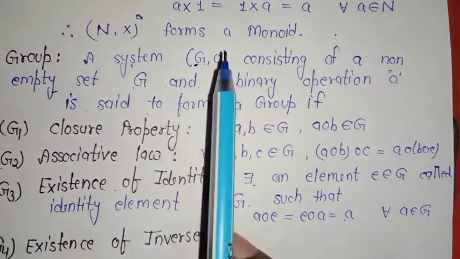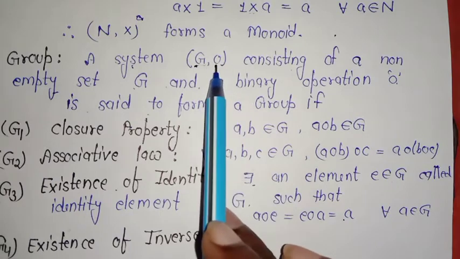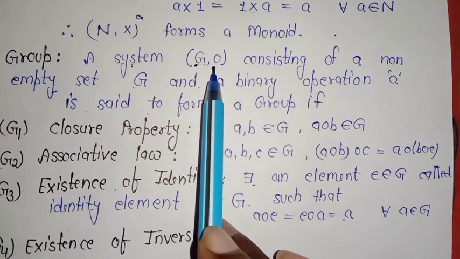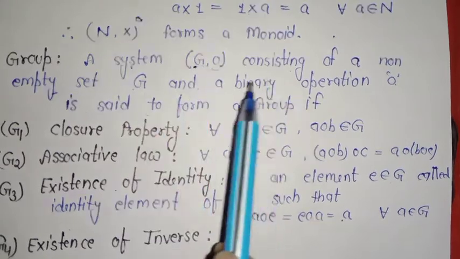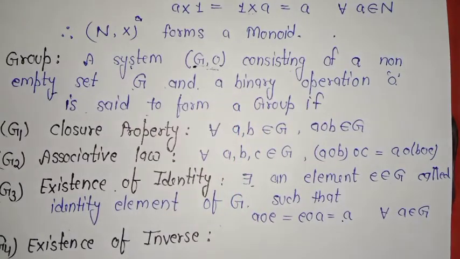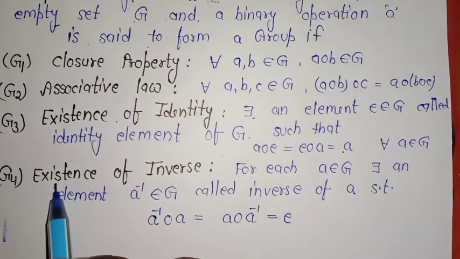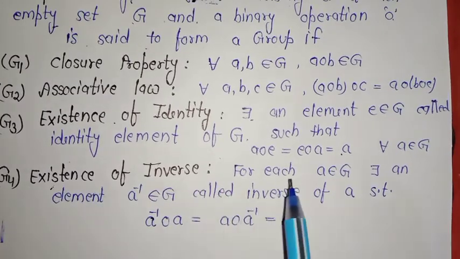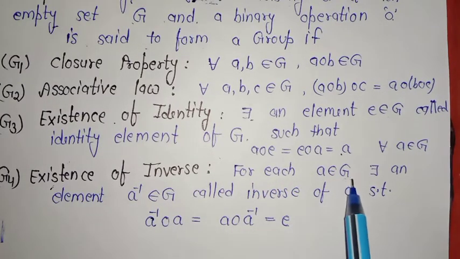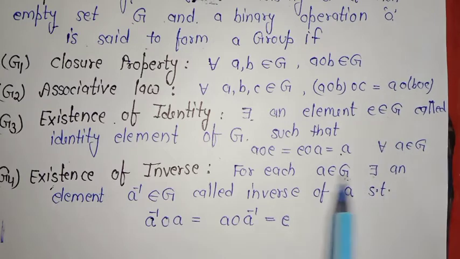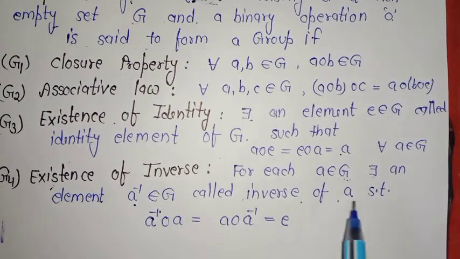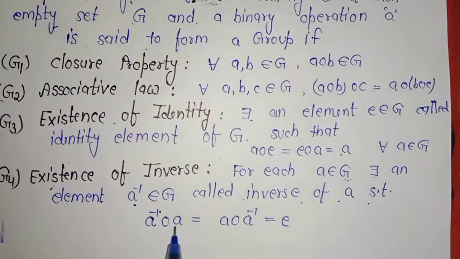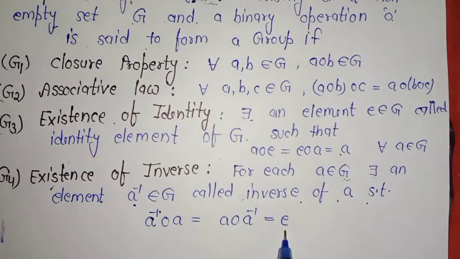If the binary operation is addition, then we use additive inverse, and if it is multiplication, then we use multiplicative inverse. So this property states that for each element A of the group G, there exists an element A inverse belonging to G called inverse of A, such that if we operate the element with its inverse, we will always get the identity element of the group.